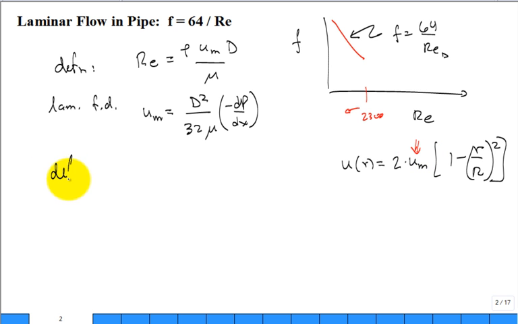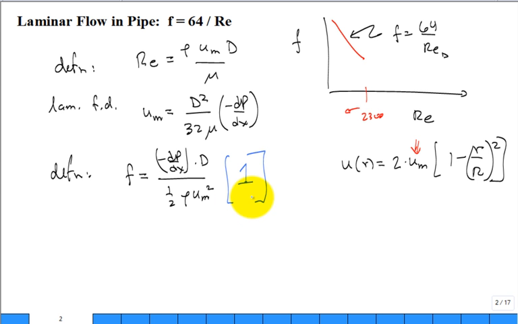The definition of the friction factor is minus dp dx times d divided by 1/2 rho u mean squared. At this point, I'd like to multiply it just by 1 so I don't change anything. But I need a special one for things to convert.